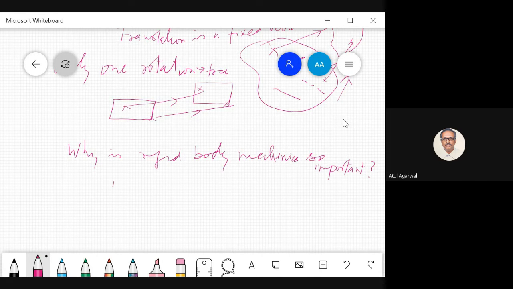Number one is you have uniform translation. Number two, rotation. So what happens during these two processes? There are no strains in the body, no stresses.